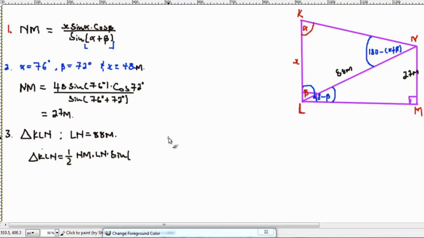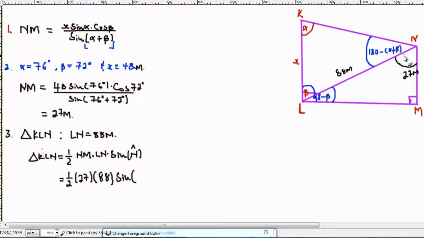That is this angle here, angle N. So now we substitute: 1 over 2, NM is 27 meters, multiplied by LN, which is 88 meters, multiplied by sine of that angle N.